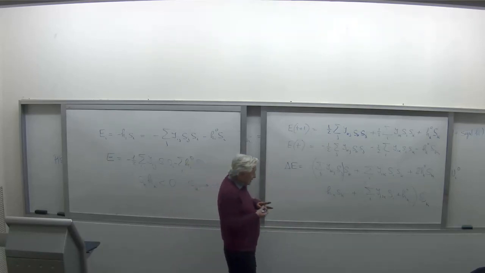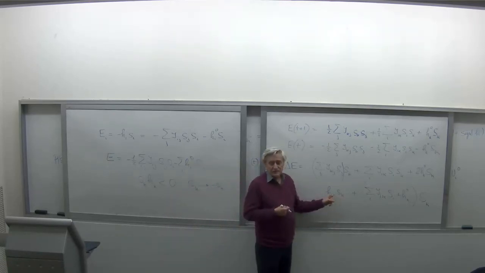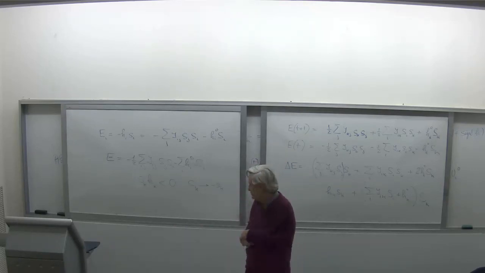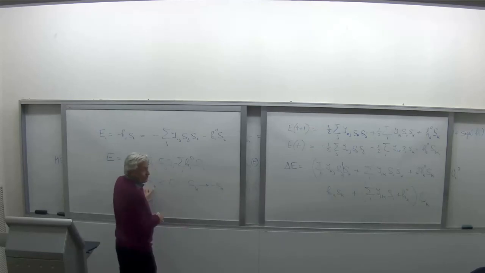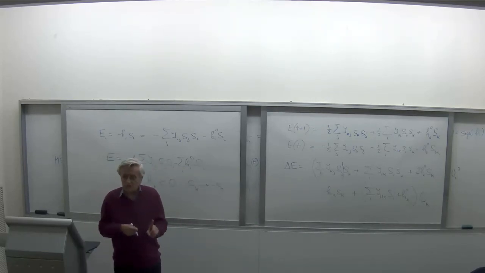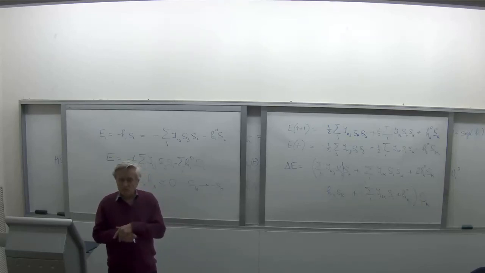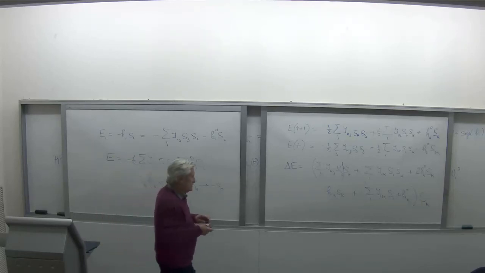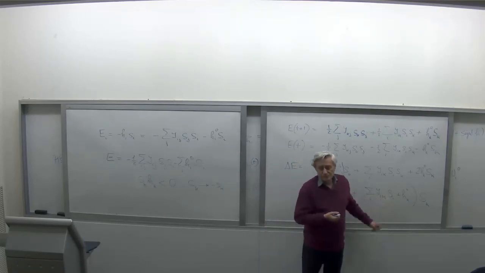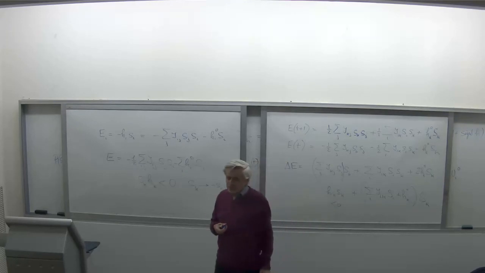Now the first term, what is the sign of this term? Smaller than 0. Otherwise, if it were not smaller than 0, there would be no change. So this is smaller than 0. Now what is the sign of this term? The answer is, I don't know.